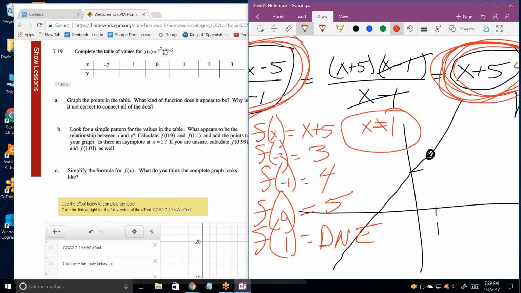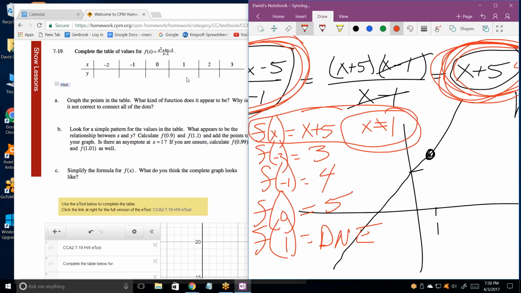In other words, because of that restriction on the domain, x can be anything at all except 1. So when they tell us that x is equal to 1, well, x can't be 1. Therefore, I do not have a y value. It is not 6. The reason it isn't is because there's a hole there.